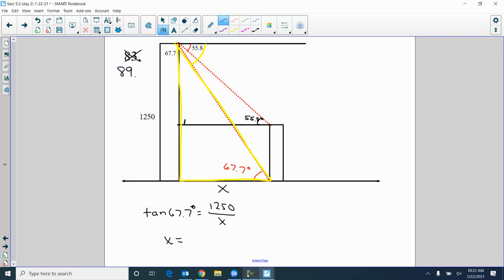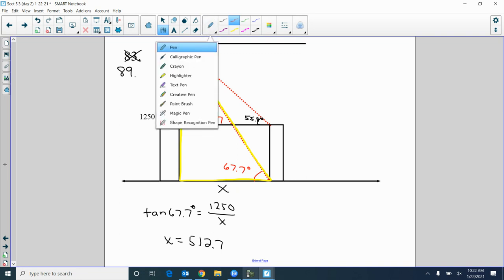We have to confirm, so I'm going to make it 512.7, that's good. 512.7, so that's the distance between, and then we can move that up to here.